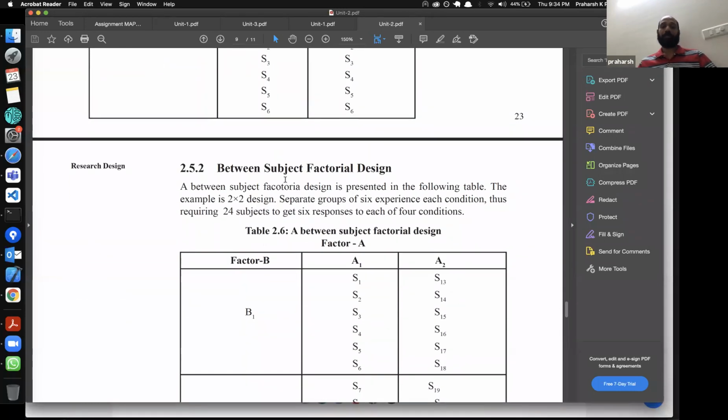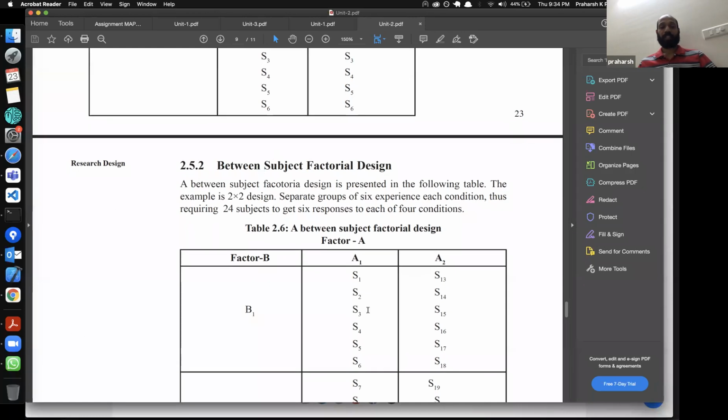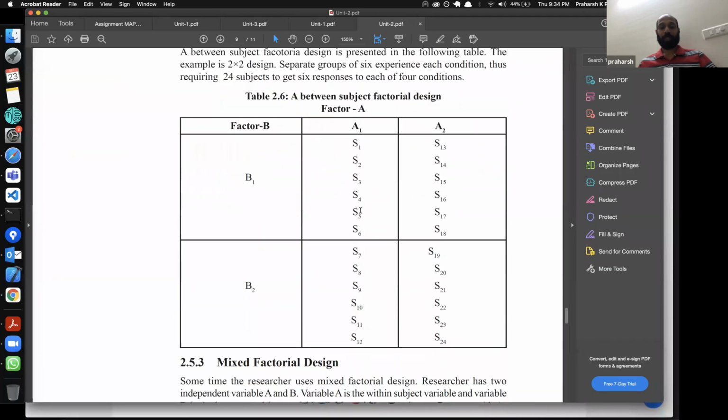Now between subject, how do we do that? We make sure that we get different people for each of the experiments. So 1 through 3, 4 till 6, and so on, up to 6 people were taken for the first experiment, that is studying on the beach and recollecting under the water, and another set went to studying on the beach and recollecting on the beach.